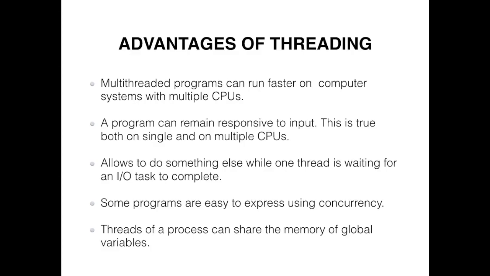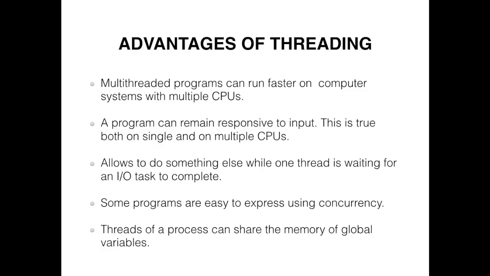The next advantage is some programs are easy to express using concurrency, which leads to elegant solutions. As a result, they are easier to maintain and debug. Some programs or some processes are inherently concurrent in nature. And the next advantage is threads of a process can share the memory of global variables.